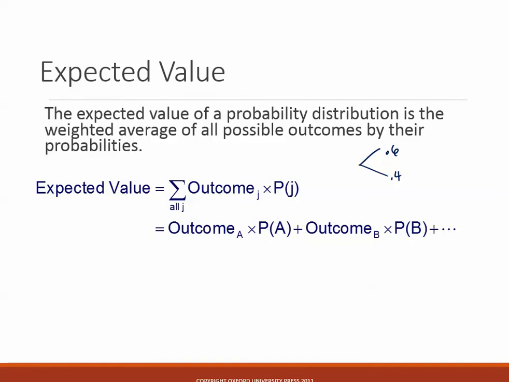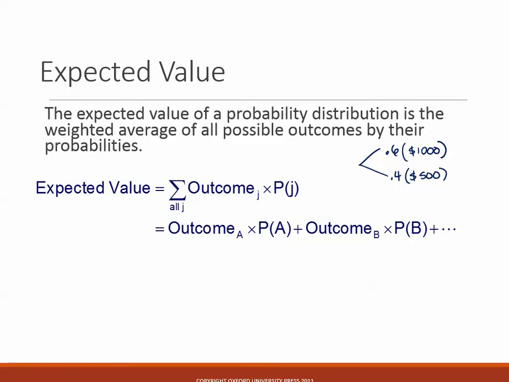And if outcome 1 were something numerical, so if there is a 60% probability that I will get $1,000 in this investment, and there's a 40% probability that I will get $500 instead, then my expected value would be 1,000 times 0.6 plus 500 times 0.4.